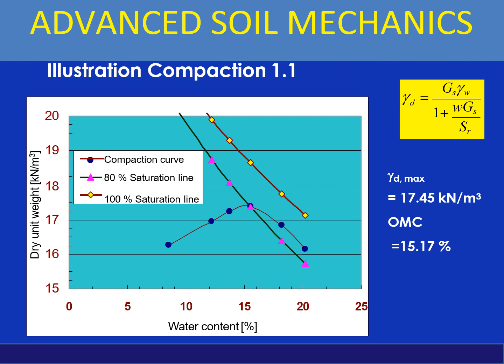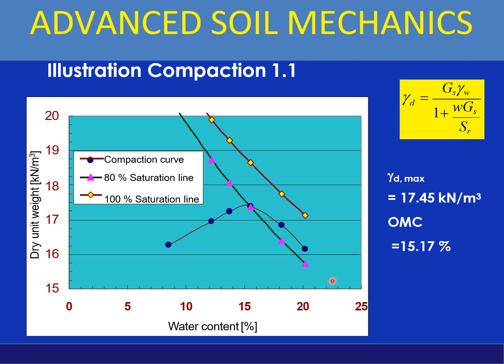So look at this one. Compaction curve has been drawn, and this is the 100% saturation line or zero air void line, and this line is for the 80% saturation line, and it is just passing through the peak.